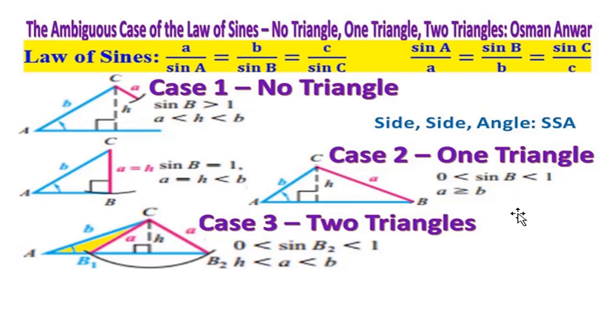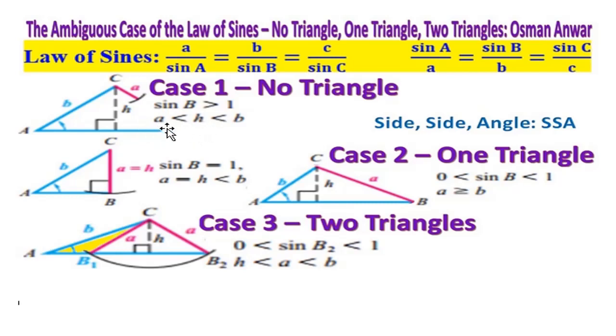When we solve a triangle, we find all three angles and all three sides. Let me explain the three cases. Case number one is that side A is too short to touch the base to form an angle, so no triangle is formed.